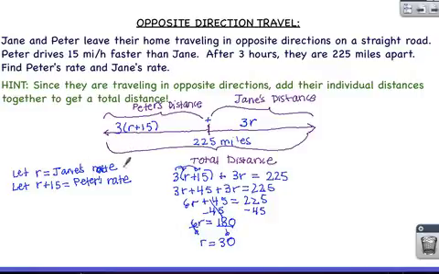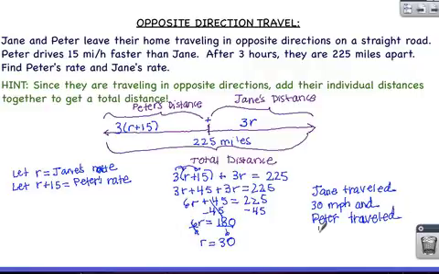So now we know that Jane was traveling 30 miles per hour. We also know that Peter traveled 15 miles per hour faster, r plus 15. 30 plus 15 is 45. So Peter traveled 45 miles per hour.